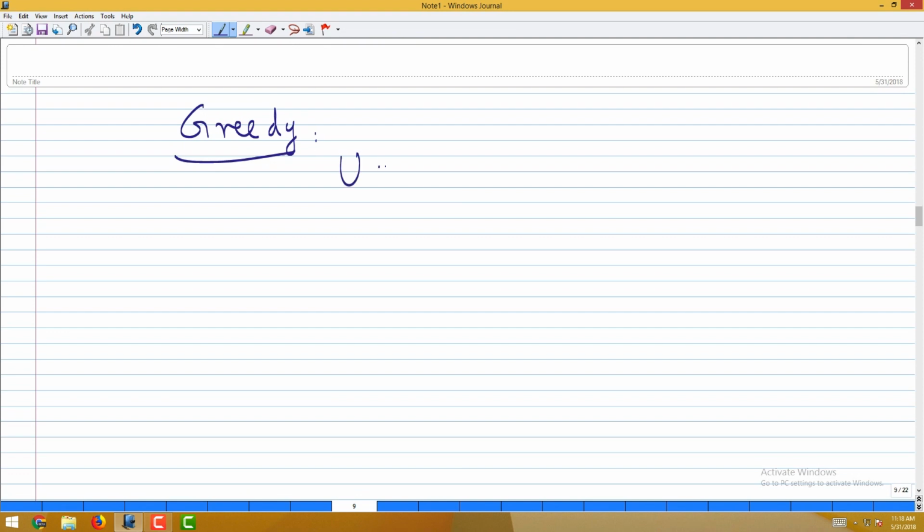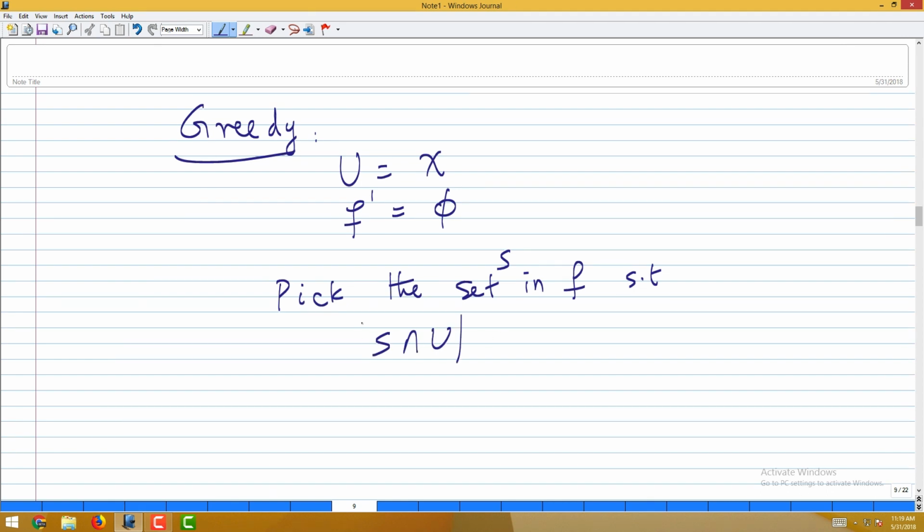So, uncovered elements is my U, and let us say my F prime is my solution. Pick the set S in F such that S intersection U is the largest.